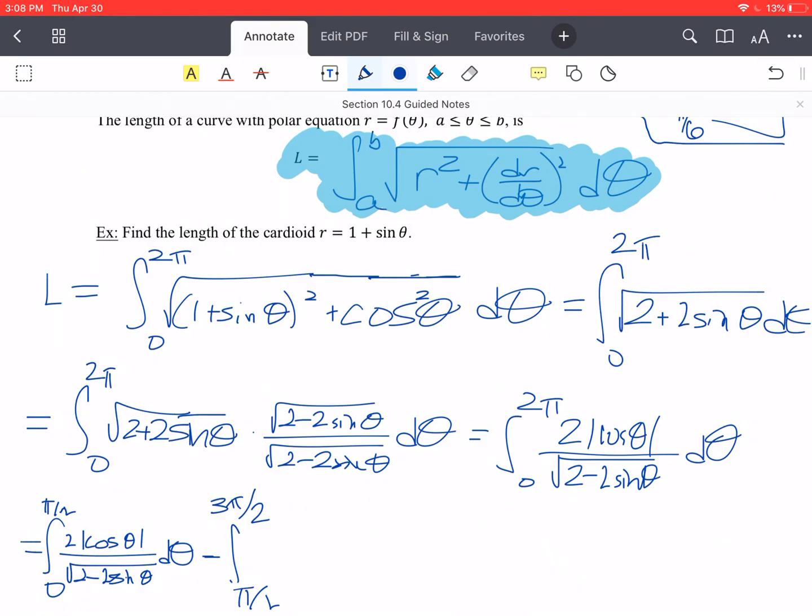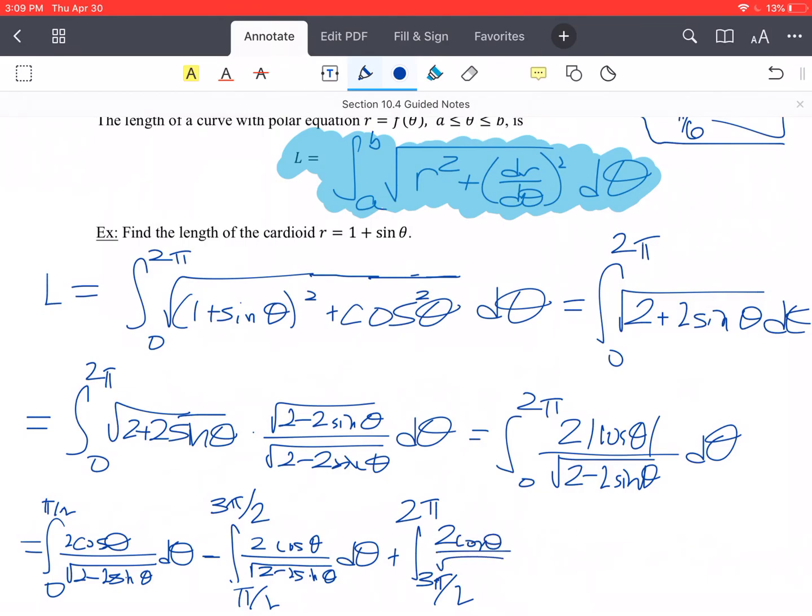And then of the function, sorry, we don't need the absolute value anymore, not if we're splitting it up like this. That's the whole point, to get rid of the absolute value. So 2 cosine theta over root 2 minus 2 sine theta d theta. And then cosine is positive again from 3 pi over 2 to 2 pi, so 2 cosine theta over root 2 minus 2 sine theta.